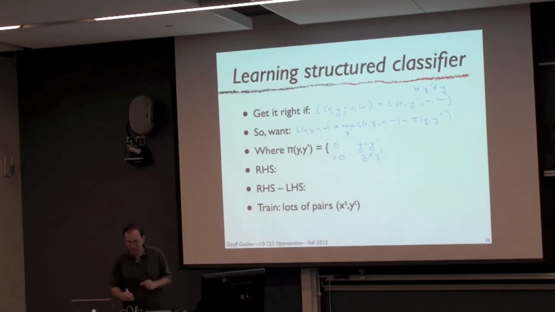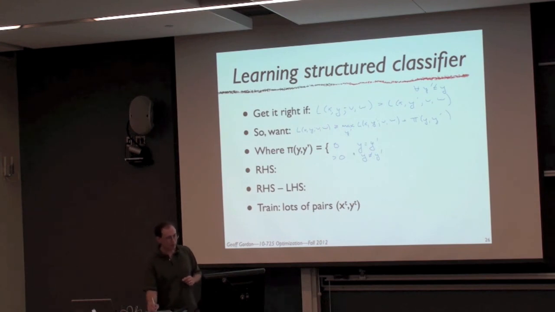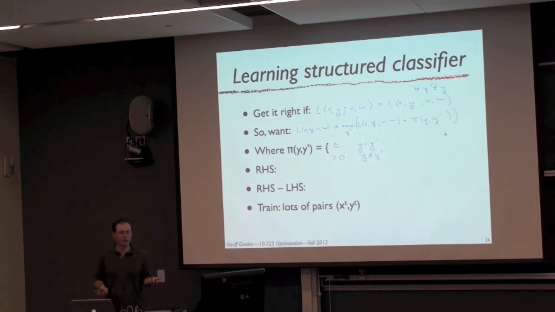Okay, and now this right-hand side here, everything inside these parentheses is a linear function of V and W for a fixed y prime. I'm taking the max of a bunch of linear functions. So pointwise max of convex functions is convex.